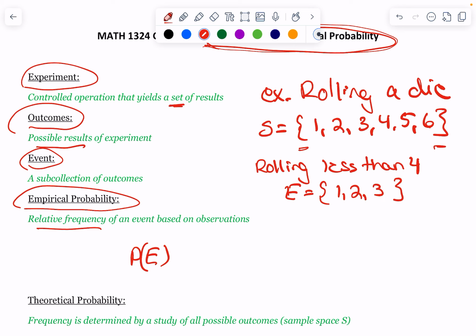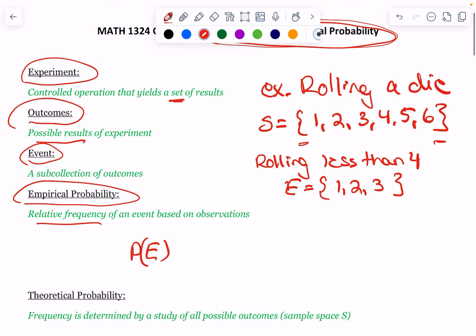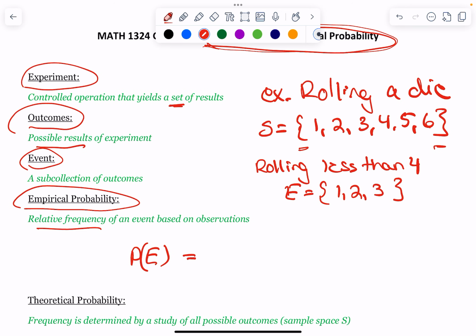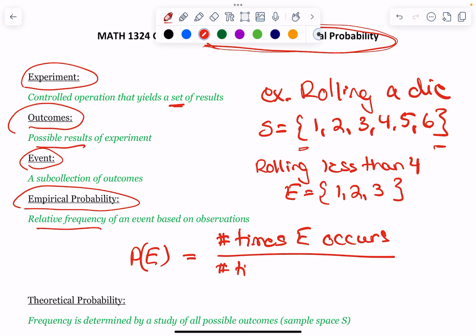Okay, so when we calculate the relative frequency, the empirical probability, we are taking the number of times event E occurs divided by the number of times the experiment is performed.